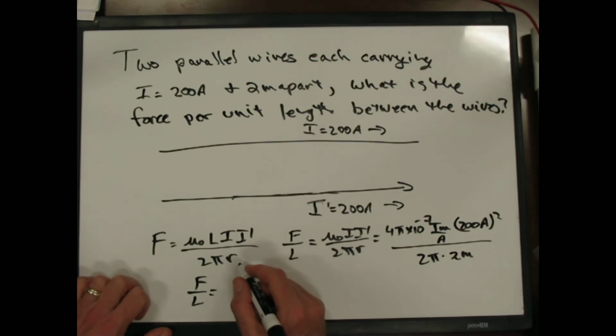And so if I evaluate this, I get 4 times 10 to the minus 3 newtons per meter.